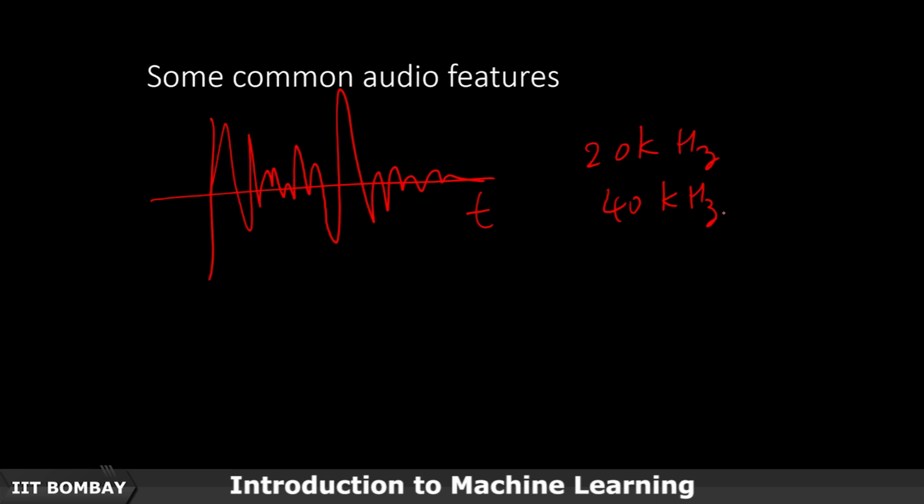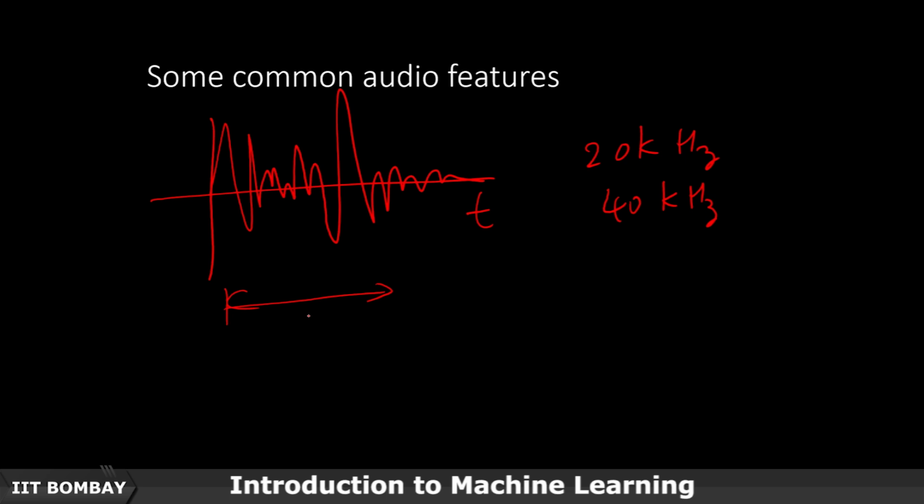Now if we sample this audio signal, we get a lot of samples, and the other problem is that we don't know how long different audio samples will be. For example, if we are doing automatic speech recognition or automatic emotion recognition in speech, whether someone will take a long or short time to speak a particular sentence, we don't know.